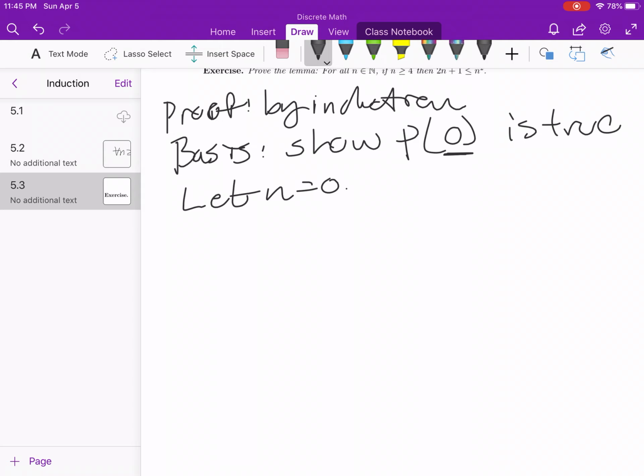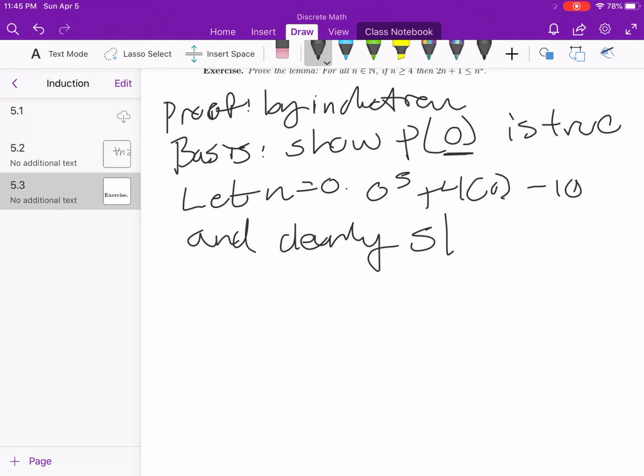Then I get 0 to the 5th plus 4 times 0 minus 10, and clearly 5 divides negative 10. Just think of it: what number do I multiply 5 by to get negative 10? So I could write negative 10 as 5 times negative 2. So, in fact, I can find an integer.